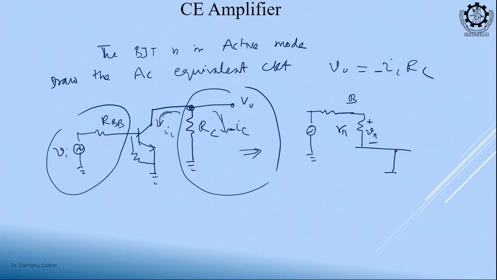This terminal is grounded, this is my emitter. From collector to emitter one current will flow, that is gm times this voltage. If it is V pi you write V pi, if it is Vb you write Vb. Next, R naught will be there, but if values are not given, you can neglect it. At this moment the early voltage is not specified, so we are neglecting it. The collector terminal has RC to the ground.